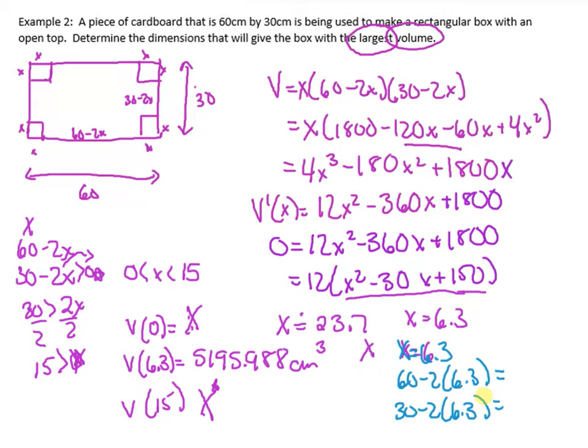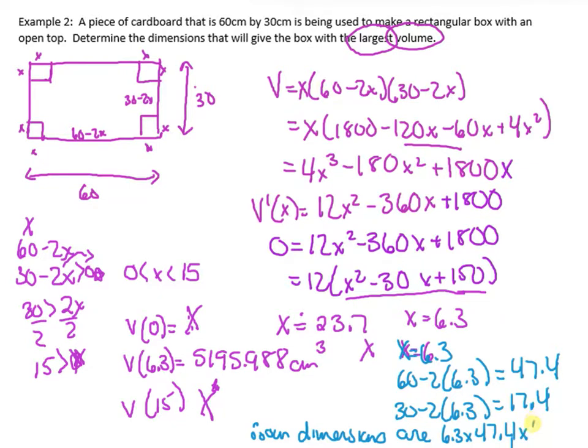So 60 minus 2 times 6.3 is 47.4, and 30 minus 2 times 6.3 is 17.4. So therefore, our dimensions are 6.3 by 47.4 by 17.4.